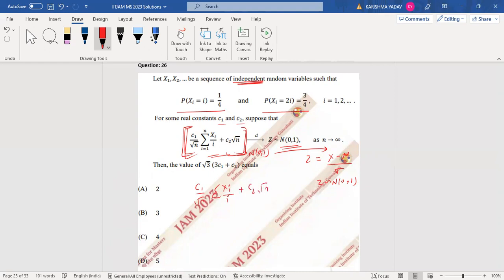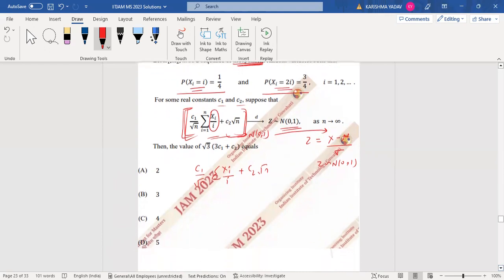Here I am looking at xi by I, and the probabilities corresponding to xi: probability xi by I is equal to 1 is 1 by 4, and probability xi by I is equal to 2 is 3 by 4.